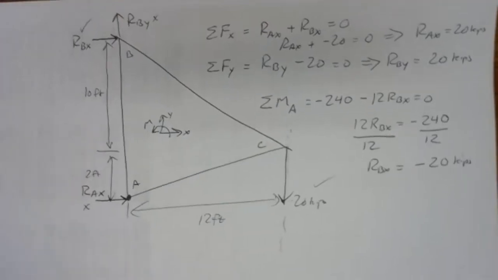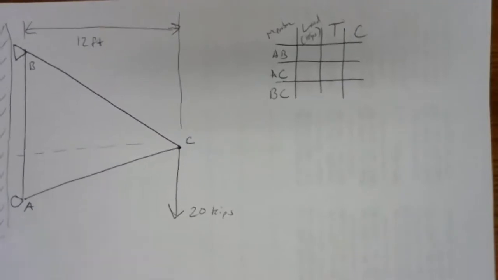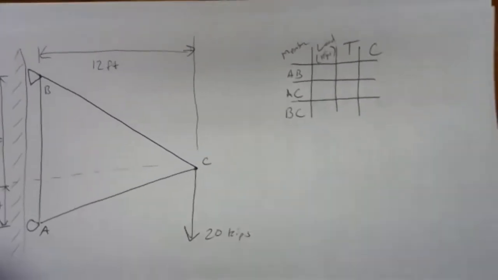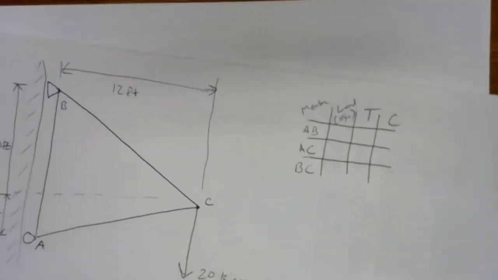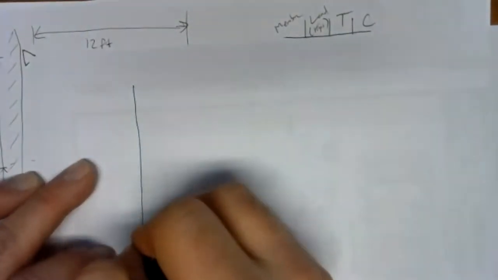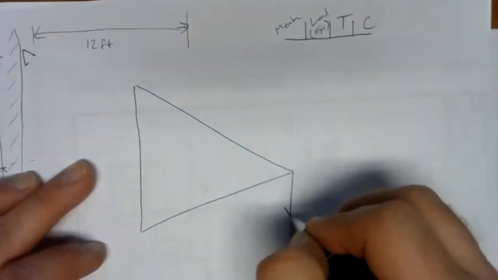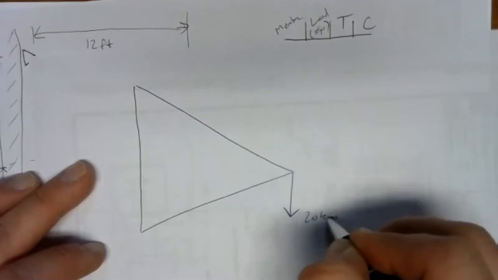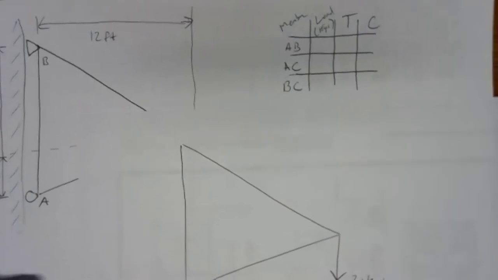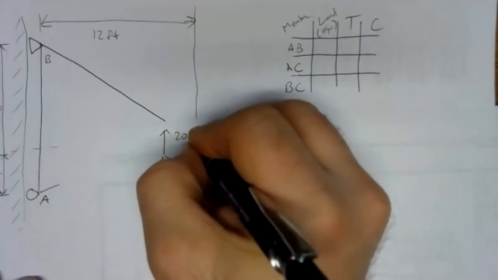So now we can go back to our original sheet here and draw our starting problem for the truss analysis. So I'm going to redraw the truss. We have our 20 kips force here, but now I'm going to draw in my reaction forces in the correct directions. So we had RBY up with 20 kips of force.